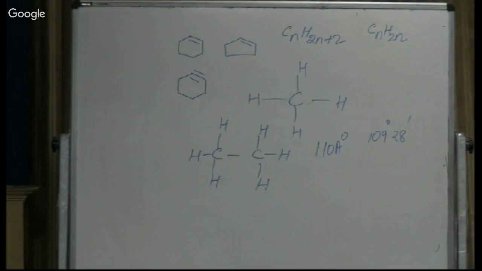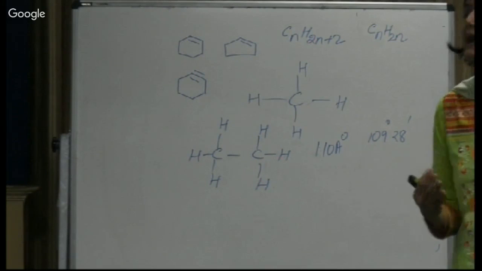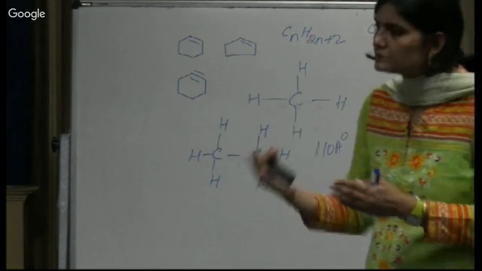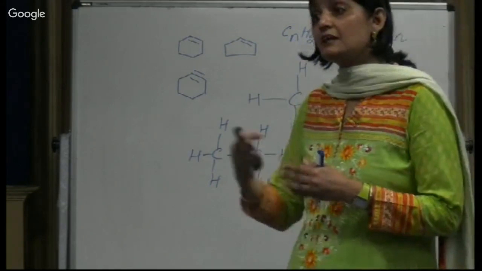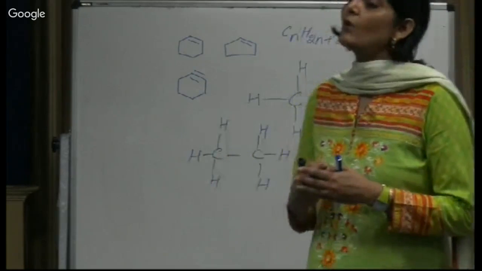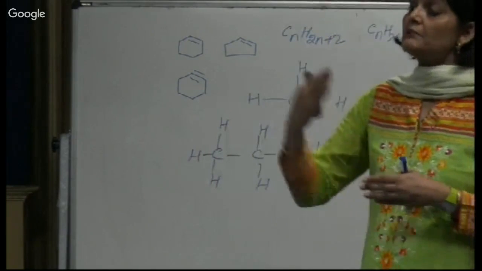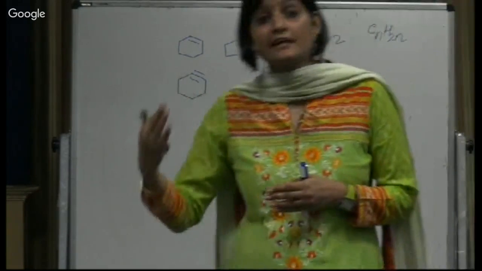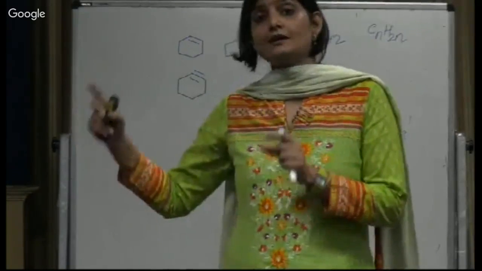Next, let us come to the melting point. Again, the melting point of an organic compound, we are talking of alkanes here, will depend upon the van der Waals forces of attraction. So like the boiling point, you expect the melting points also to increase as the chain length goes on increasing.